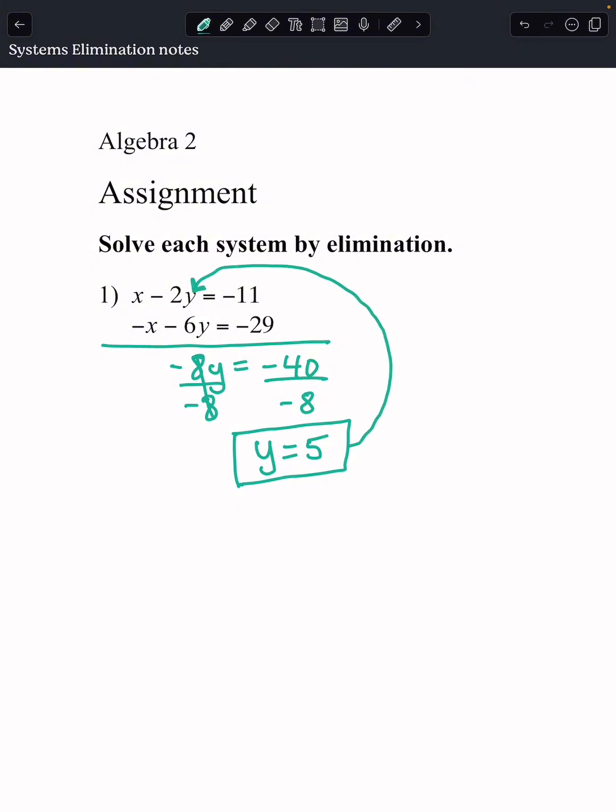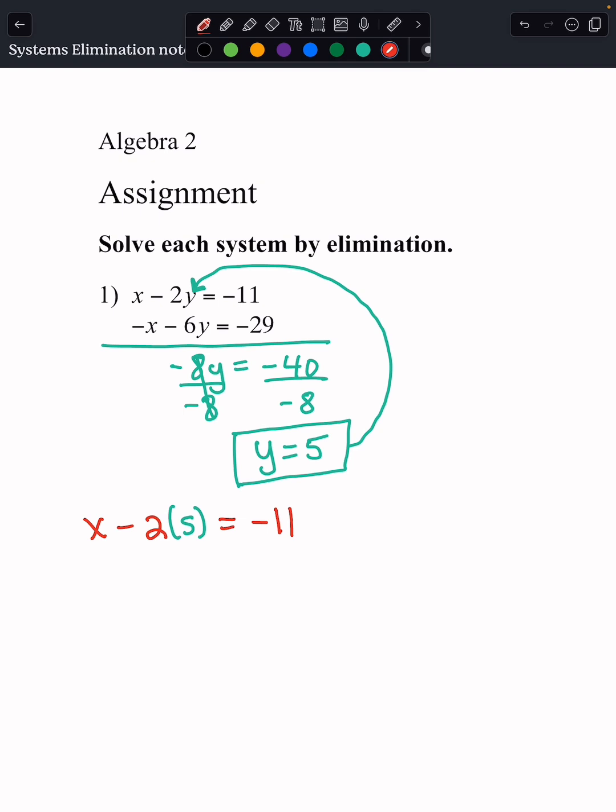Okay, so I'm going to rewrite this again, but I'm going to do x minus 2. And remember, I'm going to replace that 5, equals negative 11. So that 5 dropped right where that y was at, okay?